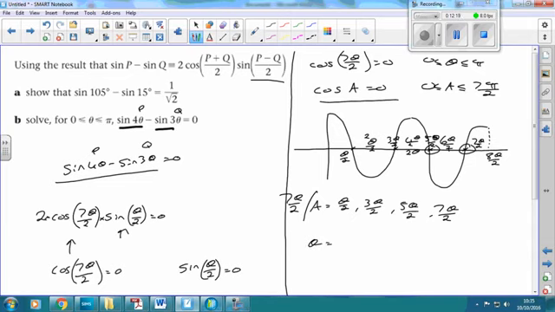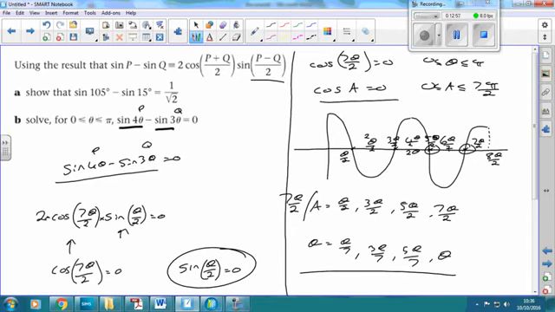So theta equals theta over 7. So times by 2 divided by 3 is going to be 3 theta over 7, 5 theta over 7 and theta. That's going to be the solutions for the cos.